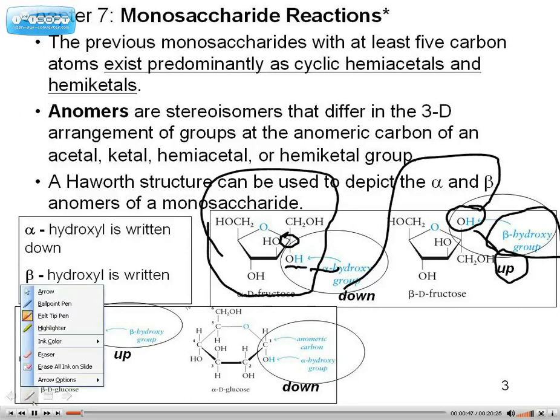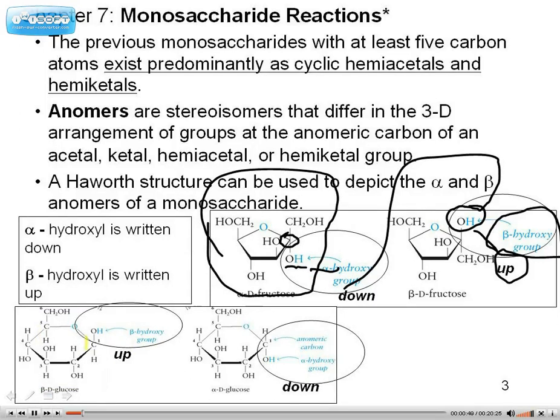Here is glucose, and I'll go ahead and use the highlighter for this one. Here's the anomeric carbon. If it's facing up, then it's beta. If it's facing down, on this next example, then it's alpha.